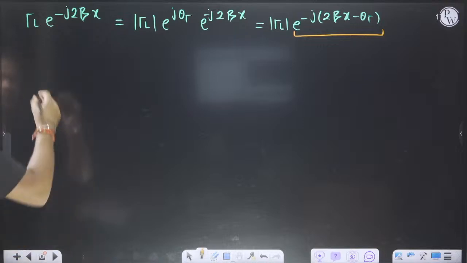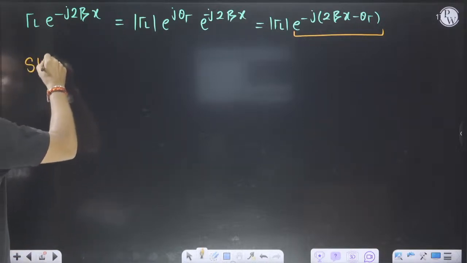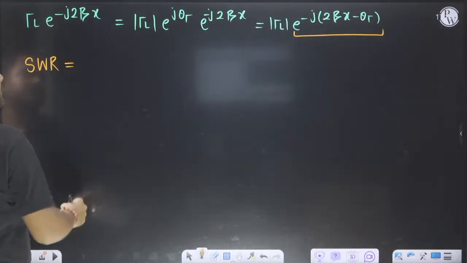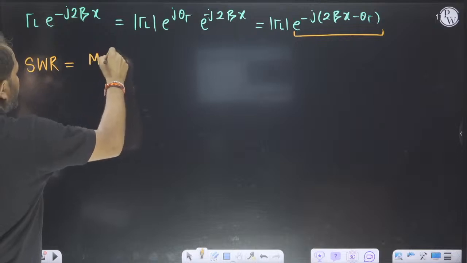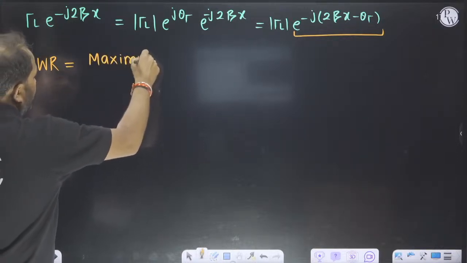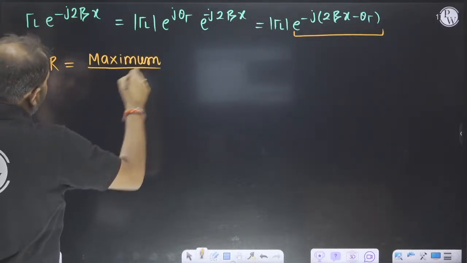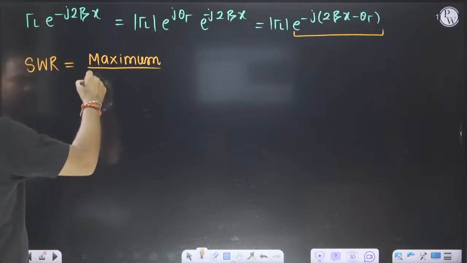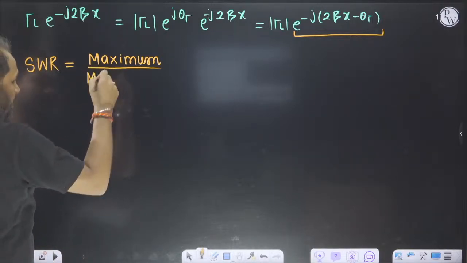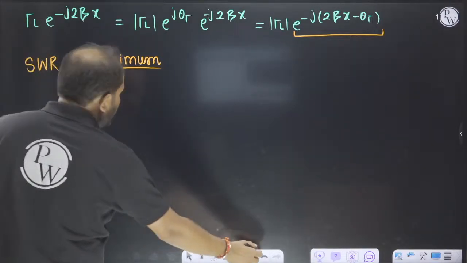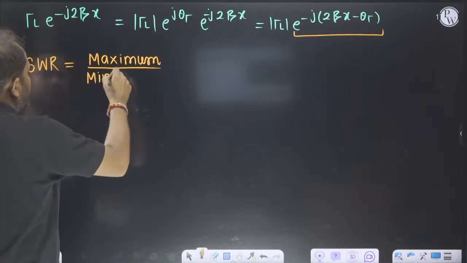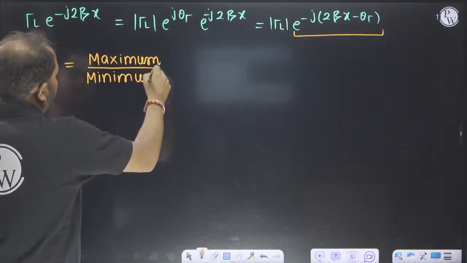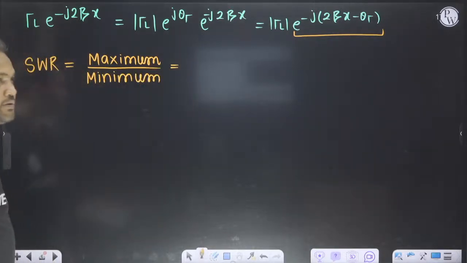First of all, what is a standing wave ratio? A standing wave ratio is nothing but maximum upon minimum. First I will define the standing wave ratio, then I will define how we get the maximum and minimum values.